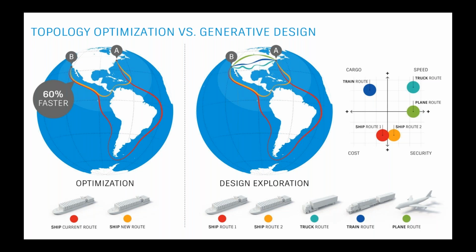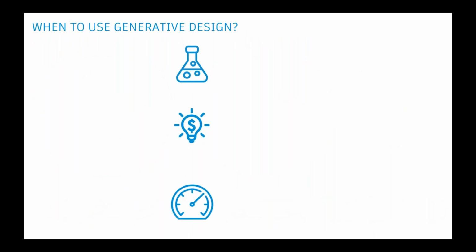They have different costs associated with them, and then you can determine what is the best for you. So nothing against topology optimization. It's just that generative design is going to give you more. There's more that goes into it, and there's going to be more in terms of the outcome. So nice in regards to that.